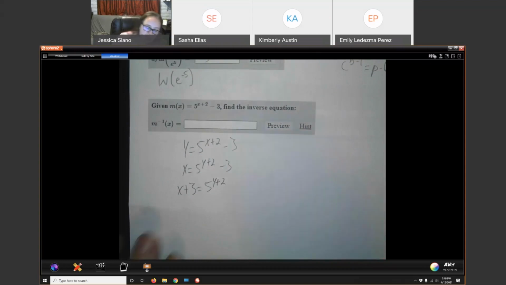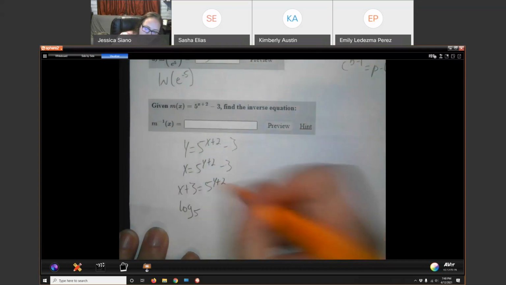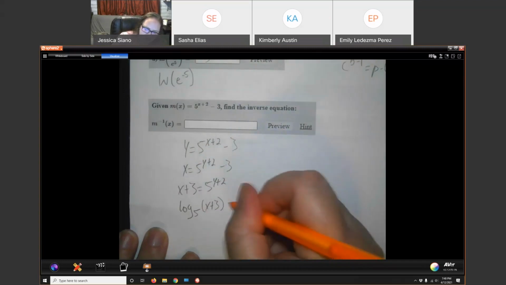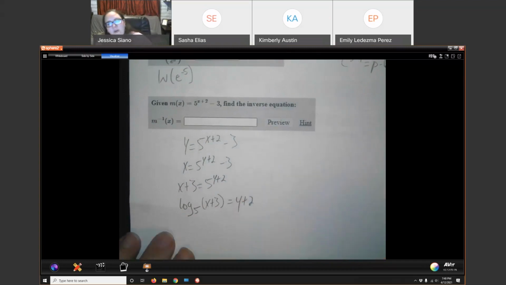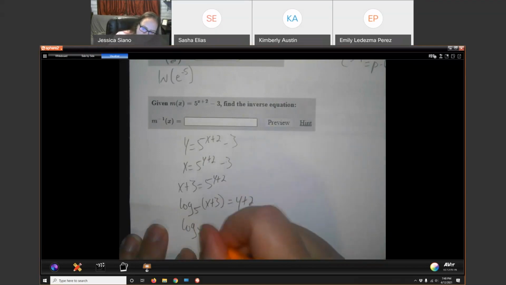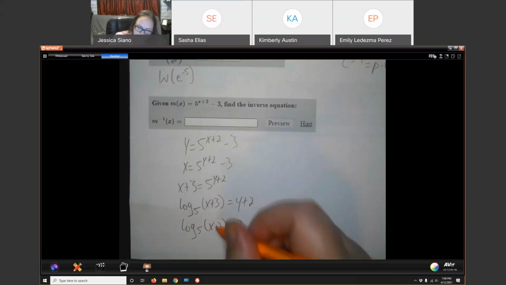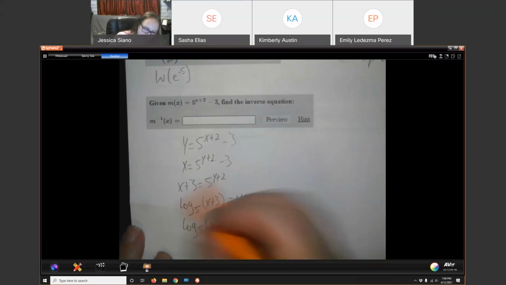So I'm going to do the log with base 5 of x plus 3 equals y plus 2. So anytime you're trying to get an exponent by itself, or you're solving for something in an exponent, convert that into log form. And then the last step is going to be to subtract this 2. That's going to be on the outside of the parentheses. And that is your inverse.